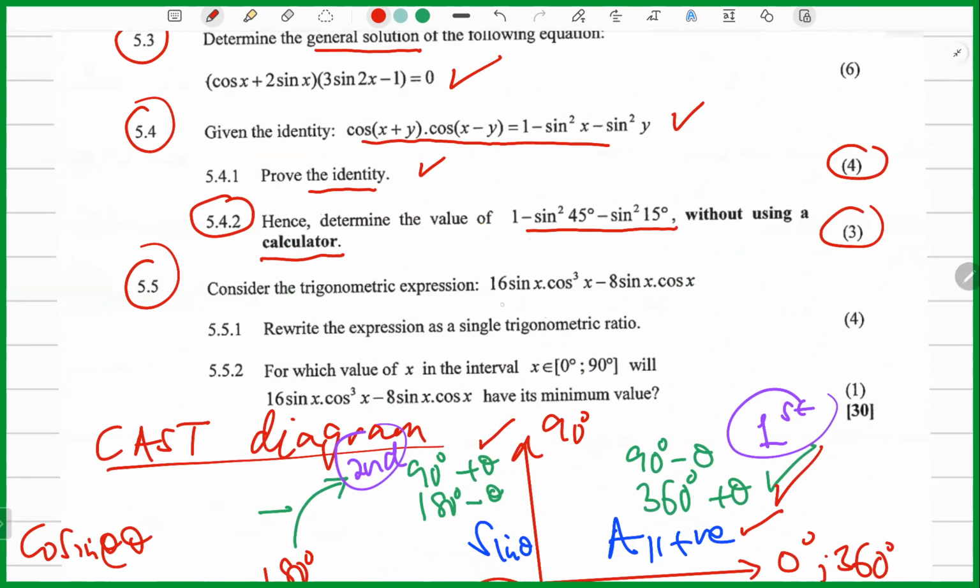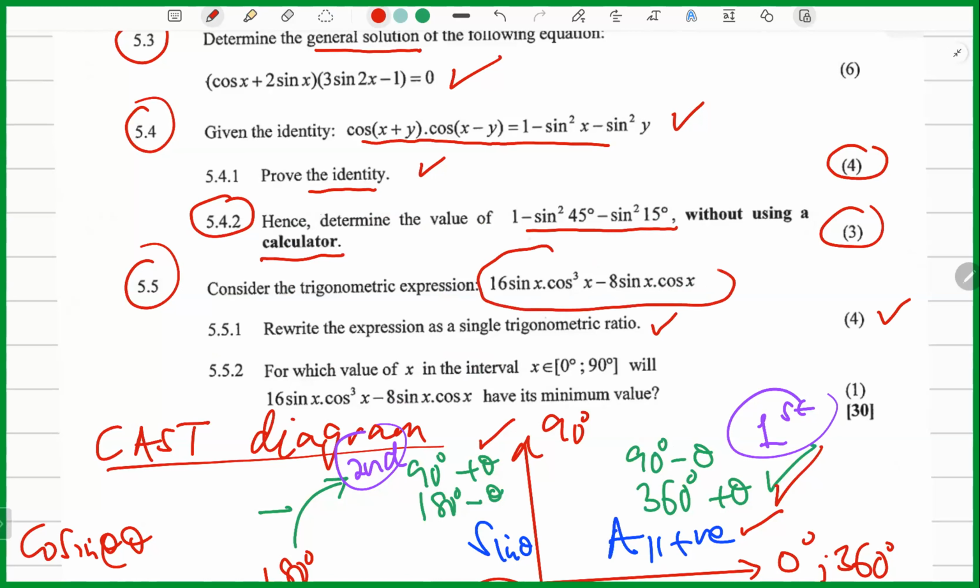Okay, 5.5. Consider the trigonometric expression, which is exactly 16 sine x times cosine cubed x minus 8 sine x cosine x. Rewrite the expression as a single trigonometric ratio, for how many marks? For 4 marks. So in other words, combine everything, but leave nothing. Leave no stone unturned.